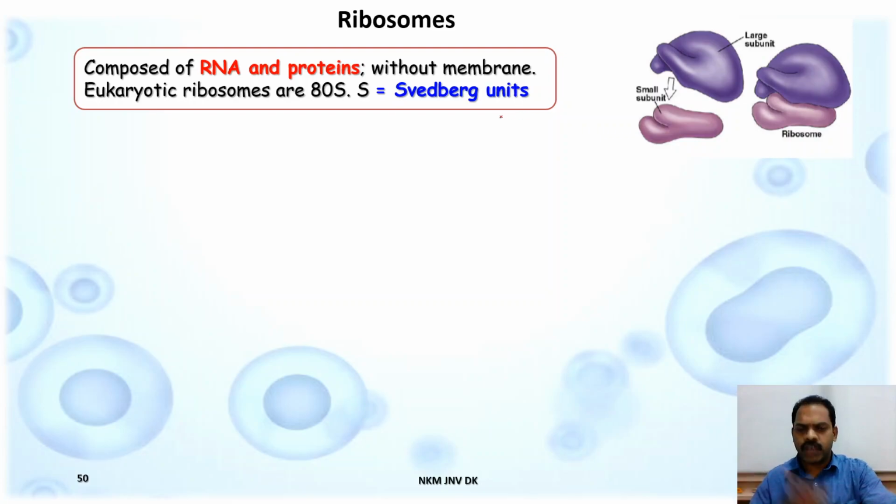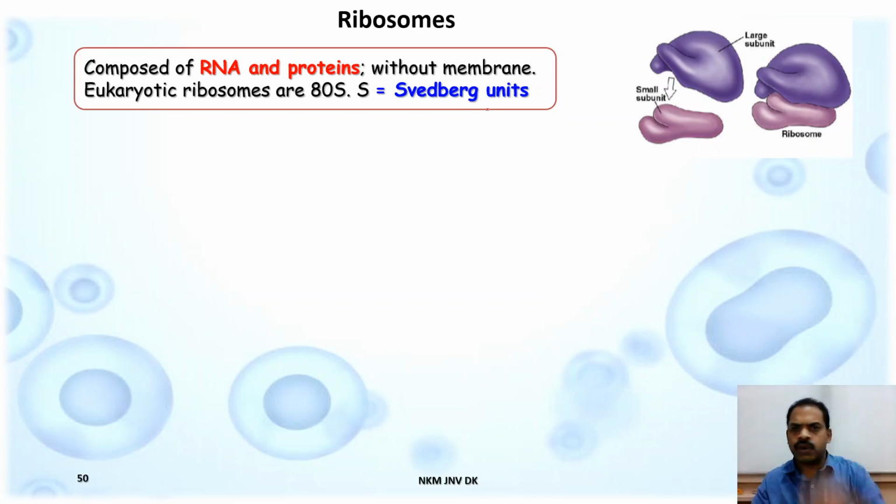In this case, we are talking about eukaryotic ribosomes. They are 80S. Again, I told you the Svedberg coefficient, or Svedberg unit. It is a density centrifugation coefficient.